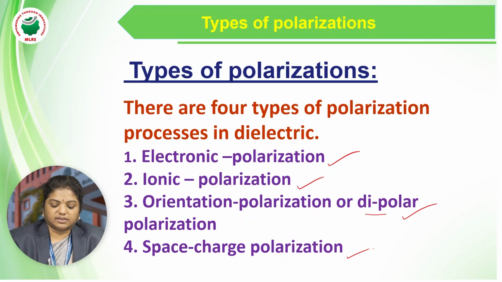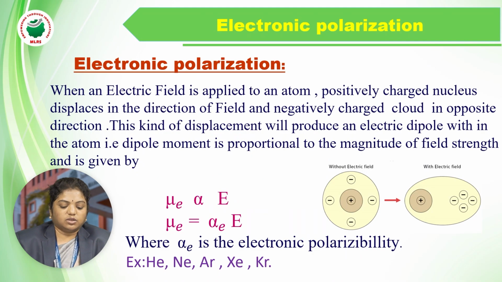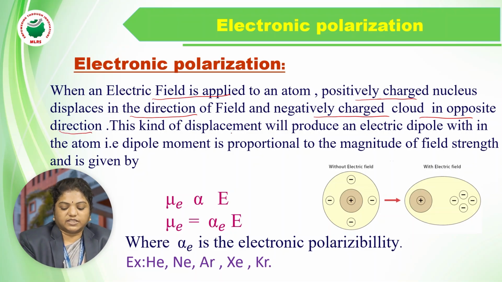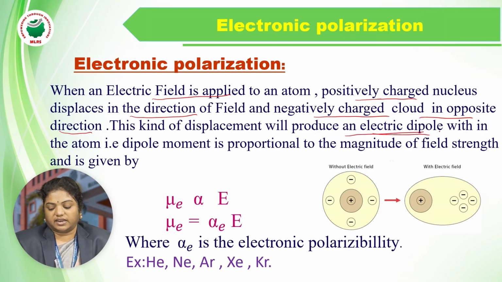First, what is the meaning of electronic polarization? When an electric field is applied to an atom, the positively charged nucleus is displaced along the electric field direction, and the negatively charged cloud is displaced opposite to the field direction. Then electric dipoles are created within the atom.